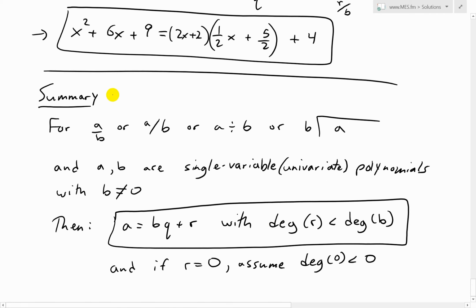And this is the summary of Euclidean division for polynomials, just put in for completeness sake. So Euclidean division for polynomials, like that.